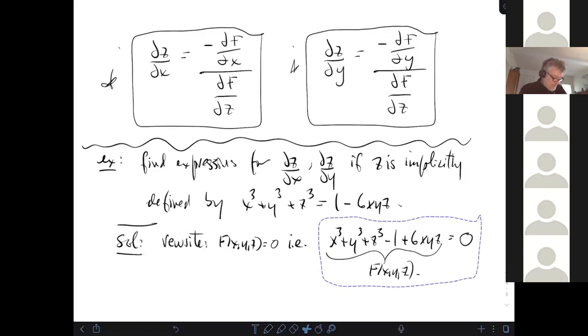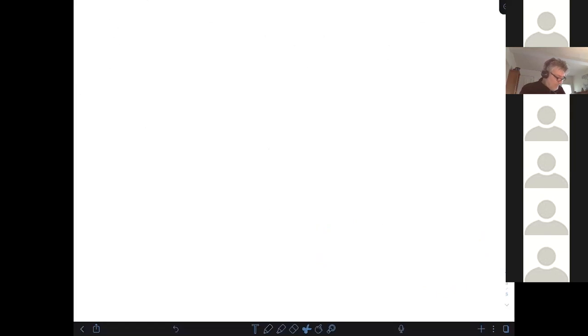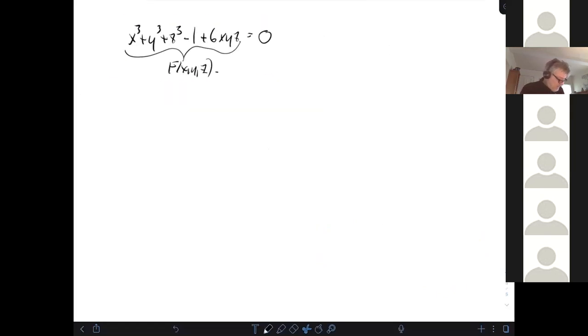Let's just copy this. So del F del x, nice and easy, is 3x squared plus 6yz. Del F del y is 3y squared plus 6xz.